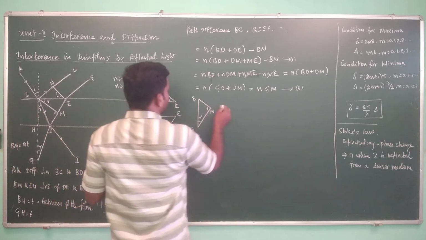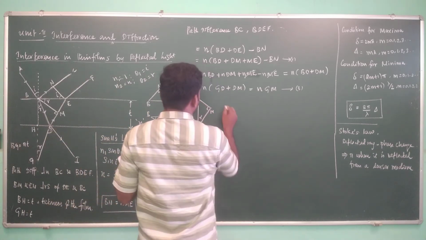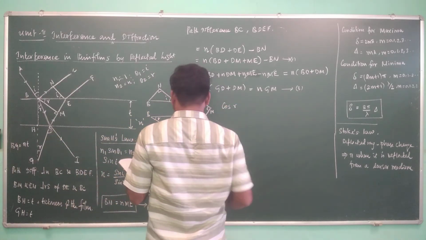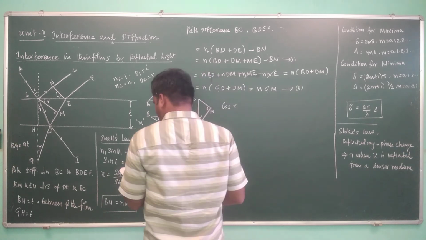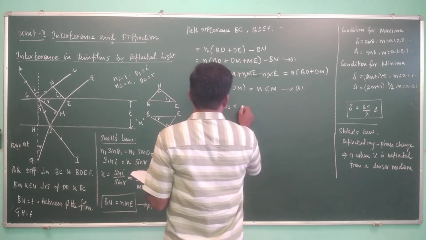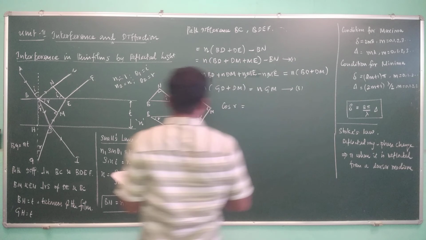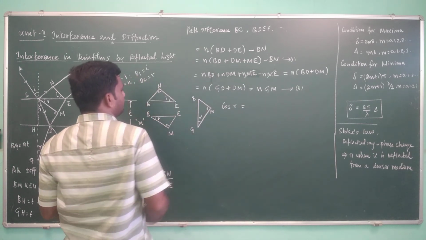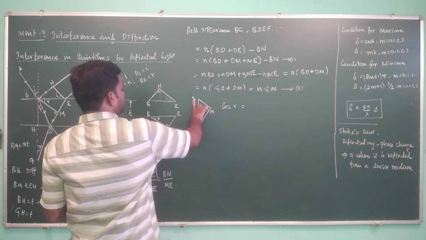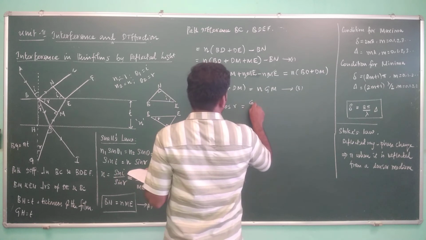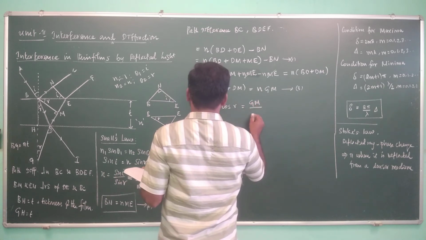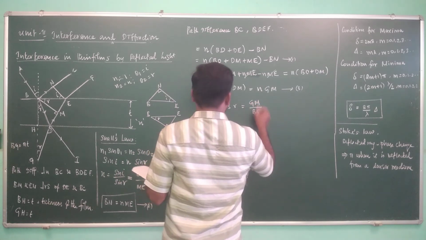Now for this triangle we can write cos R. Cos theta is nothing but adjacent side by hypotenuse. This is the adjacent side, this is the hypotenuse. So GM by BG.